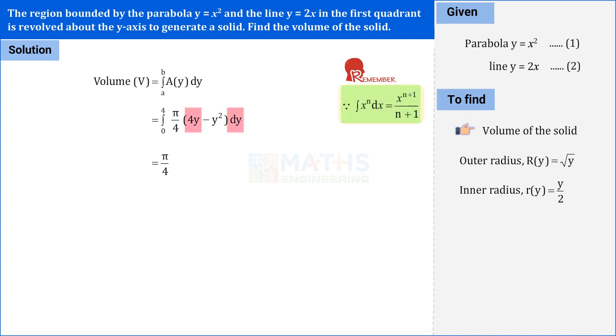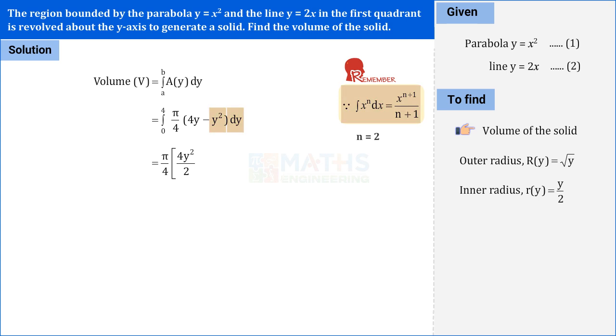Integral x power n dx is equal to x power n plus 1 divided by n plus 1. So in the first term, 4 is the coefficient. We keep that as it is. In the place of x we have y. Then what is n? N is equal to 1. So the integral of y is y square by 2 minus.